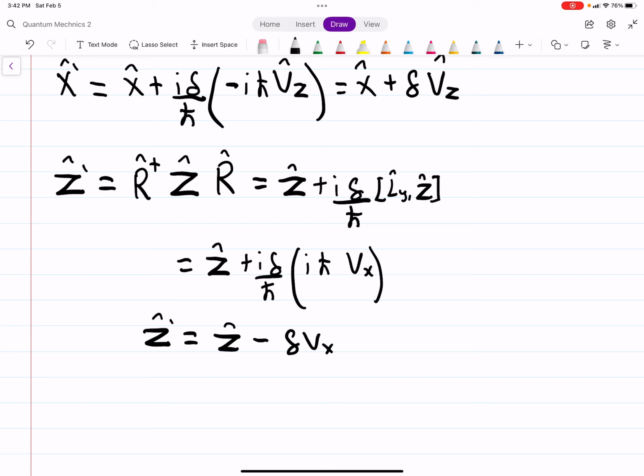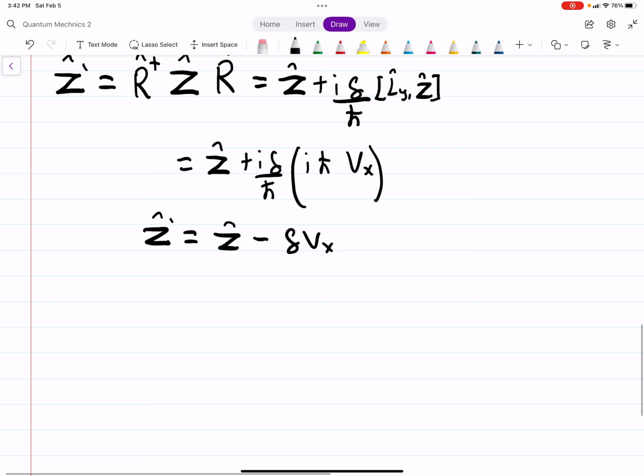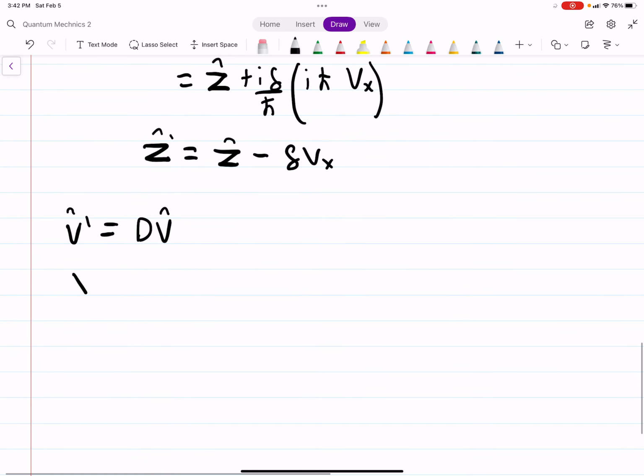And now we can go ahead and put this down into our matrix form. We have all the components we need. So the way that we're going to do this is v prime equals Dv. So v prime are our new coordinates, x prime, y prime, z prime.